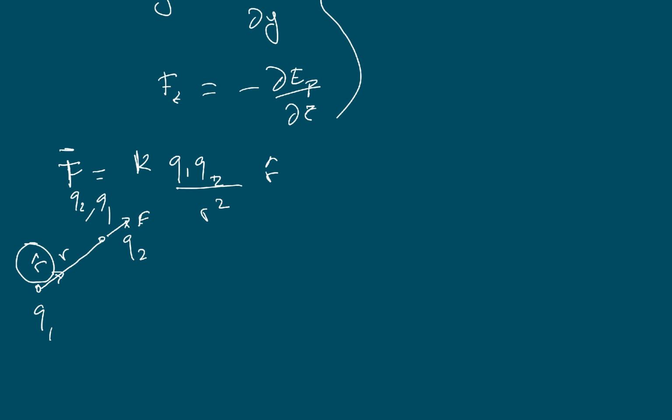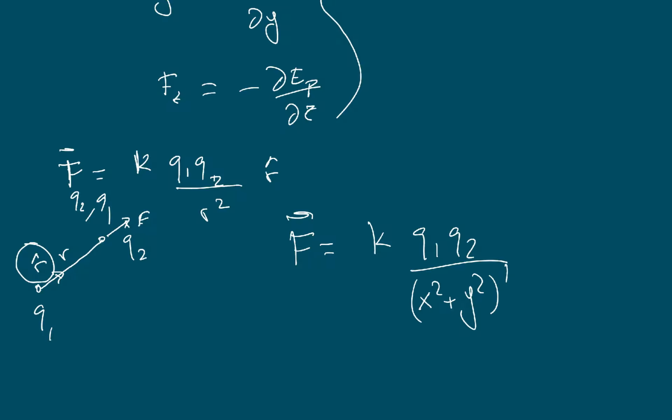So now let's put it in Cartesian coordinates. The force will be K Q1 Q2, r squared will be x squared plus y squared, and the vector r will be the position vector divided by its magnitude.